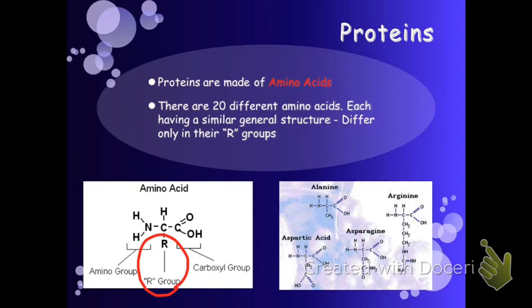Each amino acid has an amino group and a carboxyl group. If you look at our four little examples over here, alanine, aspartic acid, you will see that they each have an amino group, and they each have a carboxyl group on the other side.